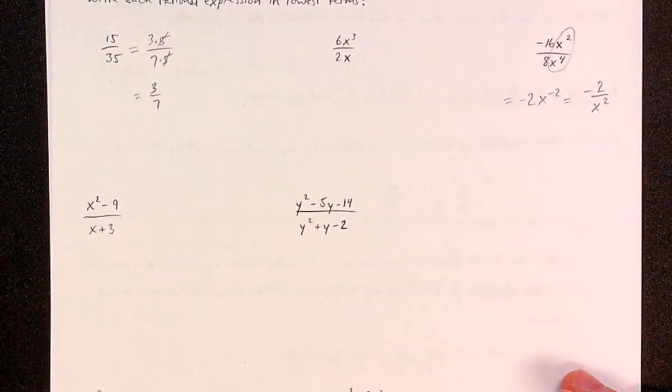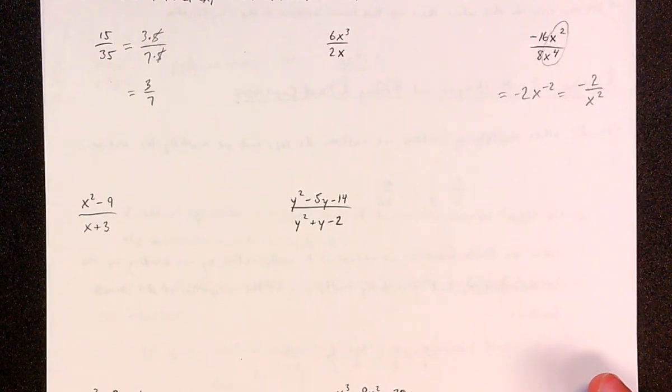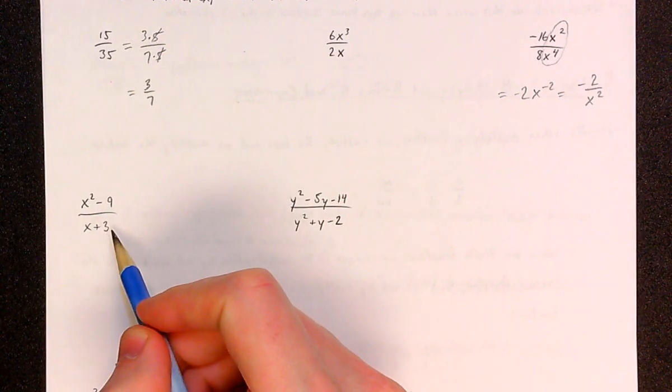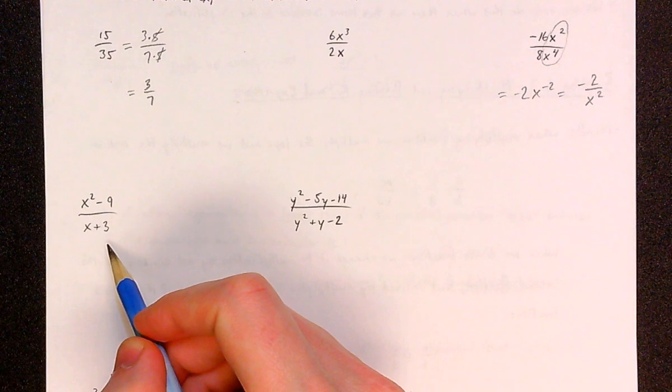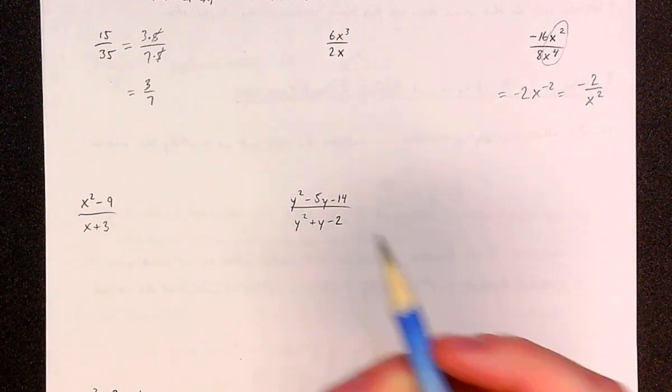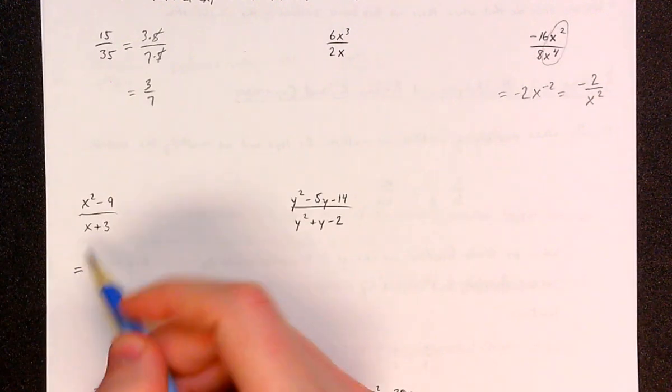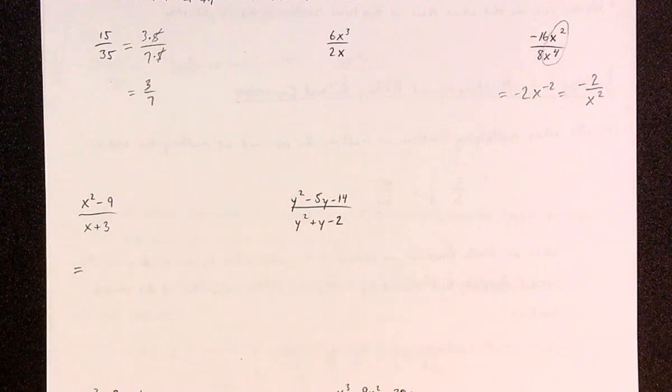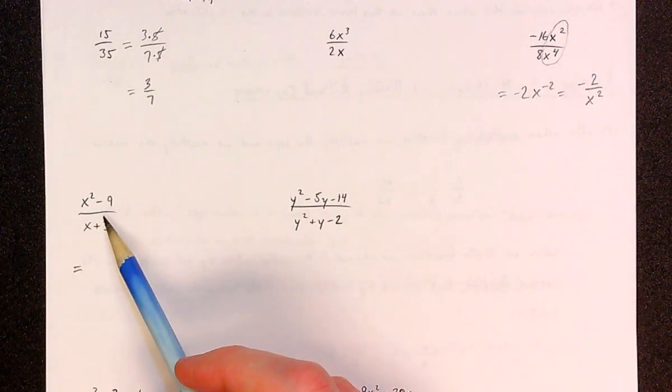But here's where things perhaps get a little bit different. This is what we really talk about when we talk about simplifying rational expressions. X squared minus 9 divided by x plus 3. The top here, we see an x squared term. We just see a constant.